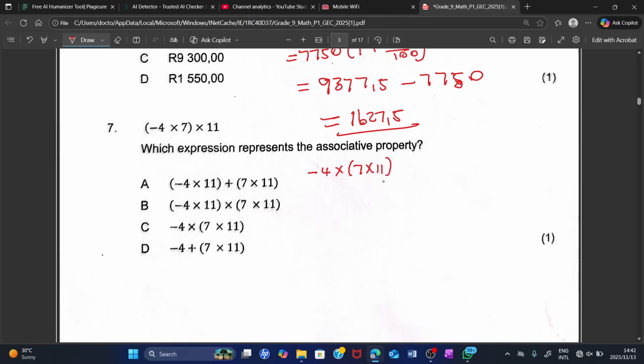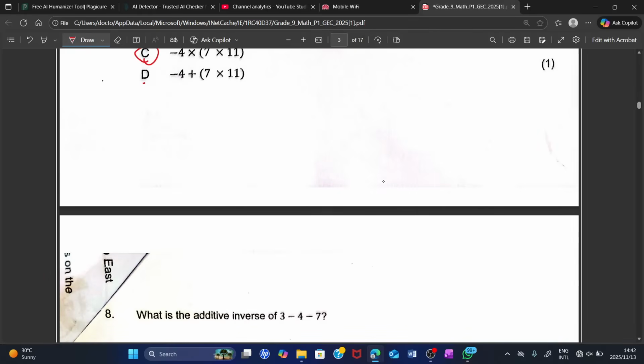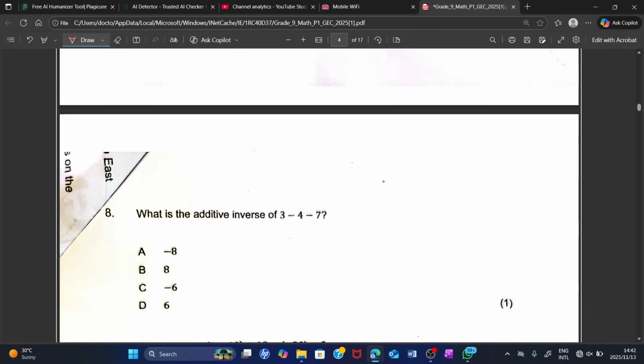Okay, where is the answer? I think the answer is D. Is it D? No, no, C. I think the answer is C. Yeah, that's the associative property. Okay, learners, let's continue.